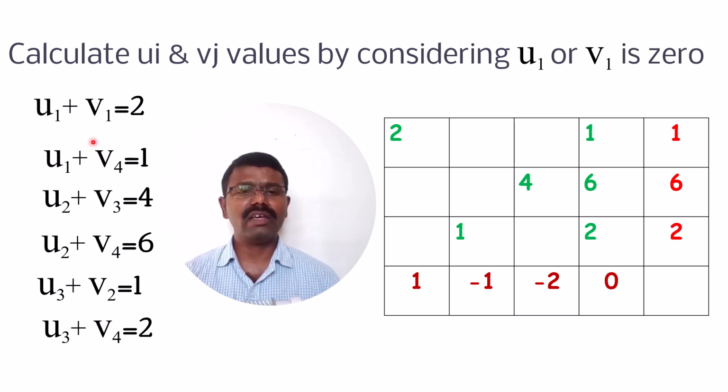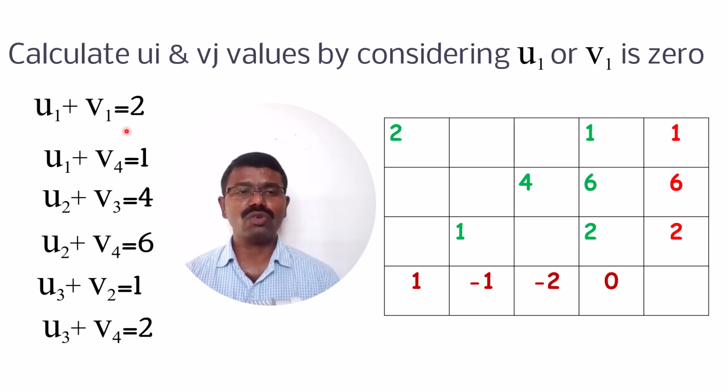I think they assumed U4 is equal to 0, then this will become 1. Anyone we can assume equal to 0. So here they assumed U4 is equal to 0. If U4 becomes 0, U1 will become 1.